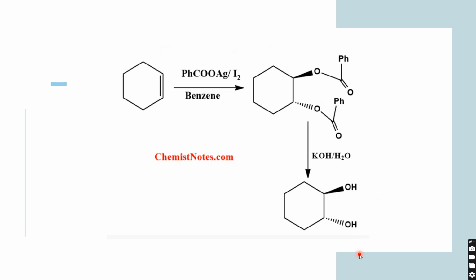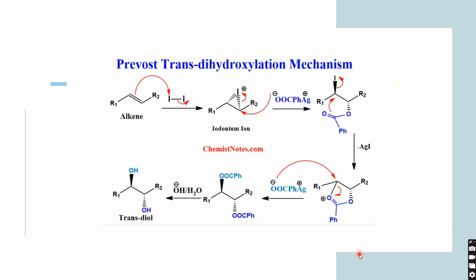Let us go to the mechanism step by step. This reaction is known as Prevost modification of Woodward dihydroxylation. Always remember the Woodward dihydroxylation is going to give you cis diol, and its Prevost modification is going to give you trans diol.